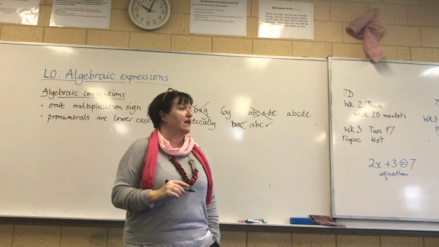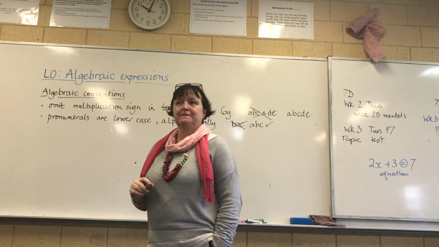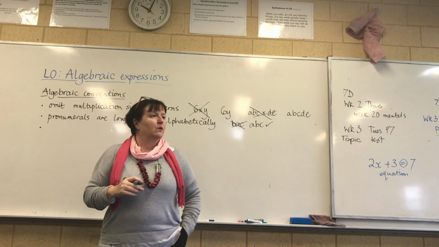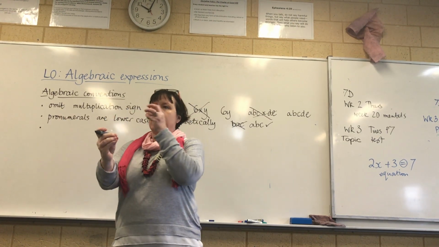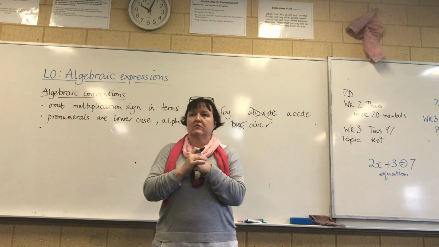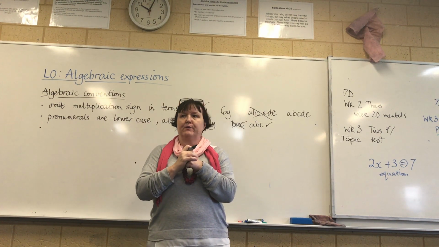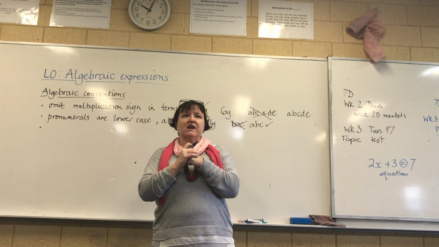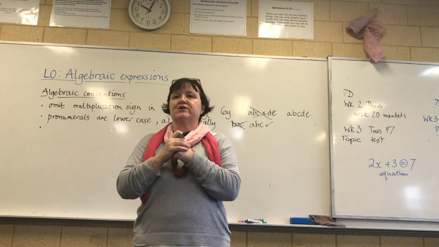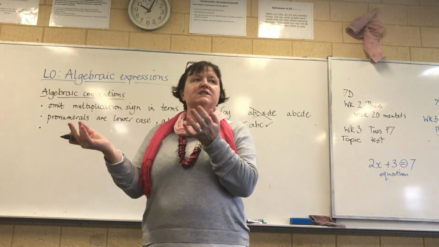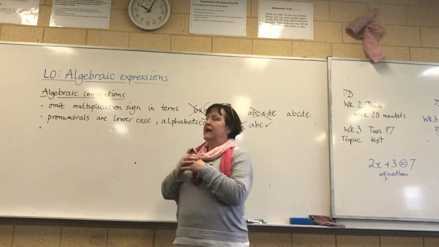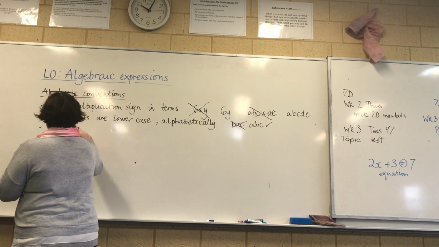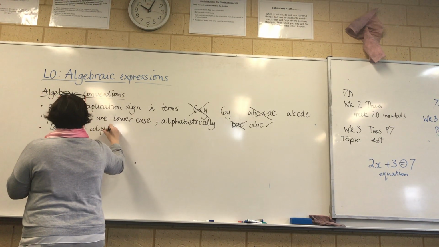Okay, any other convention? What about the order in which you put terms? If you've got an a term and an m term and an o term, you tend to put them in alphabetical order, that's right. So the terms go alphabetically as well.